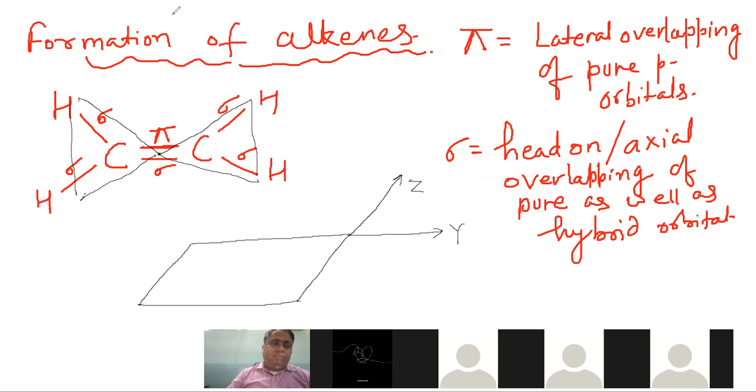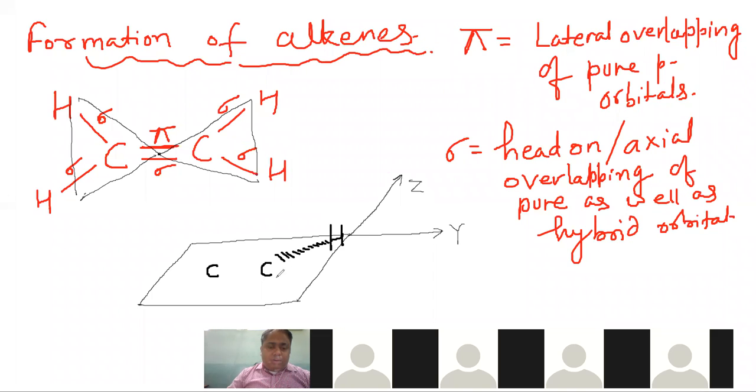In this plane, one carbon resides here, one carbon resides here, one hydrogen goes away, one comes closer, and one sigma bond is there.